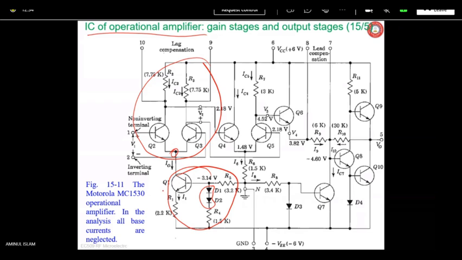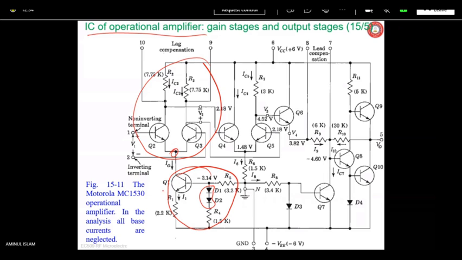Obviously, it has to be reduced to 0. If you don't want DC voltage at the output, we shall now demonstrate that this level translation can be accomplished with the circuit parameter values in figure 15-11, which is this figure only.